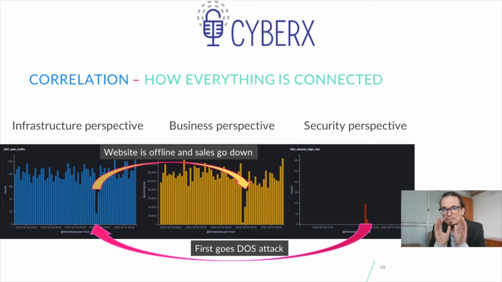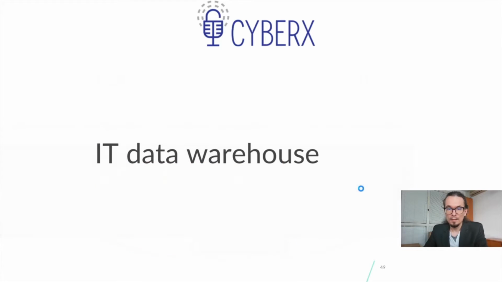And even if they don't call the infrastructure department to say there is an attack, watch out, you will have web traffic down, the infrastructure department will look at the information here and see, okay, we have web traffic going down. This is because there was an attack. This is the clear correlation.